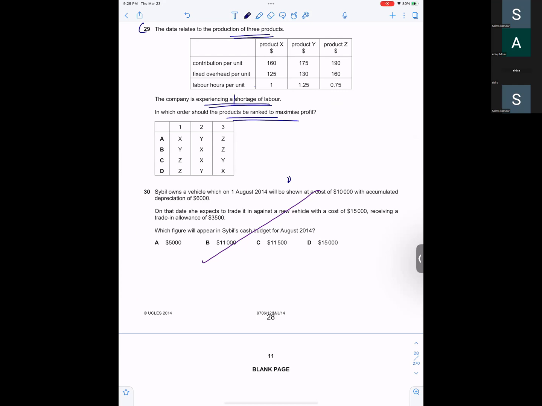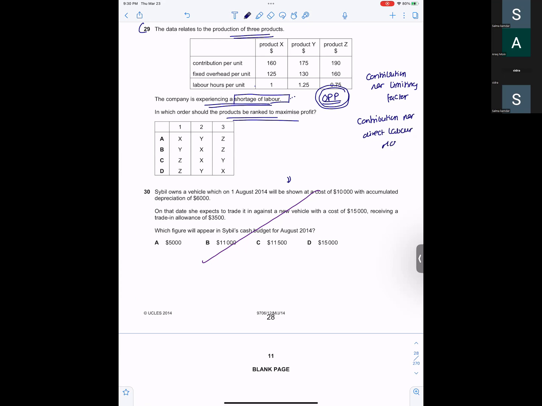I have a shortage of what? Labor. And I want to find what? The optimum product plan. So I will find the contribution per limiting factor. What is the limiting factor? Direct labor hours.